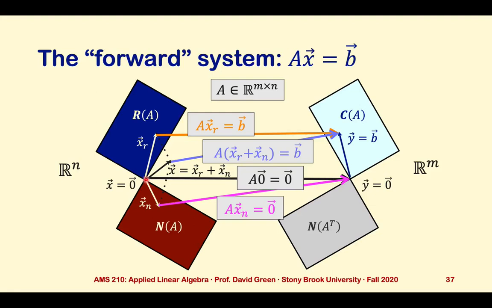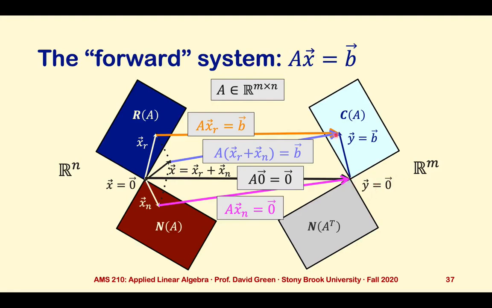So what are the kinds of things that we can see in this picture? Well, we know that for every system, Ax = 0 has a solution of 0. And so on the solution side, the vector x = 0 is associated with a right-hand side of y = 0.